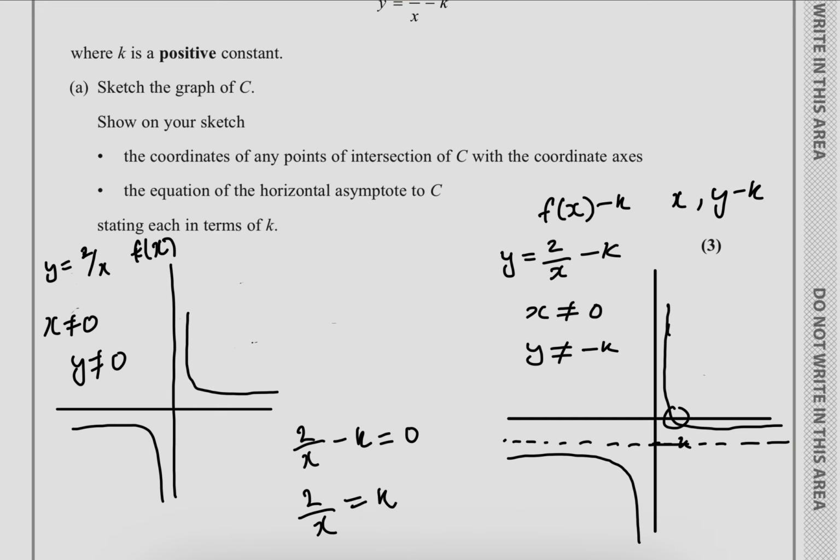We move the 2 to the other side, so x is equal to 2 over k. Hence, this point is going to be 2 over k and 0. That's about it. You get 3 marks just for having the correct shape, and also writing the asymptote y equals minus k.